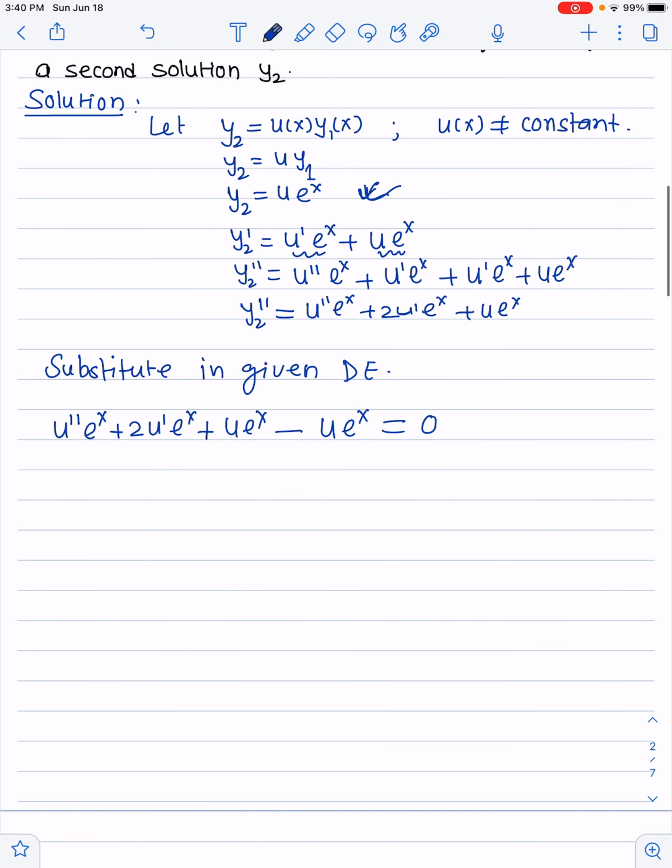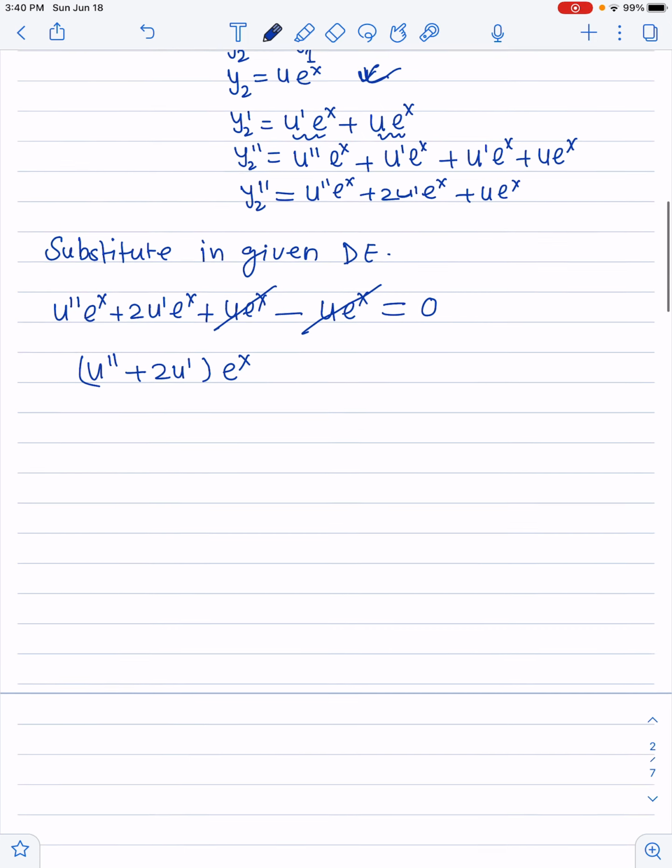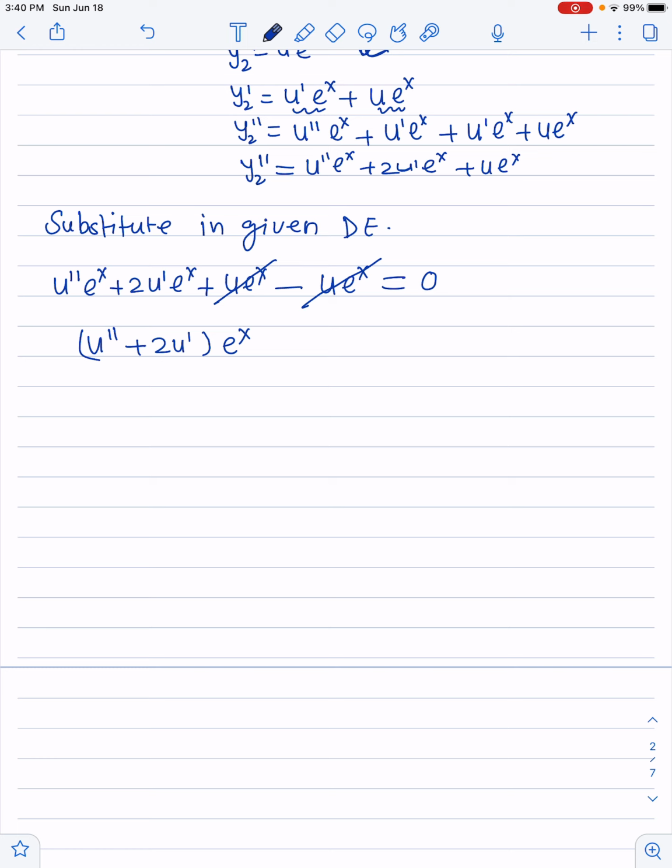Okay, so let's see what terms are common. So this one and this one will be cancelled out, so we will have u double prime plus 2u prime times e to the x, since e to the x is common in both terms. Now equals 0.